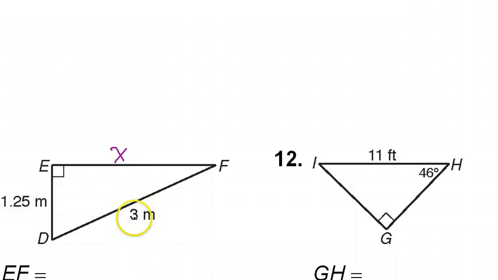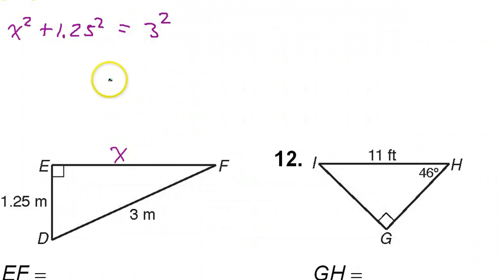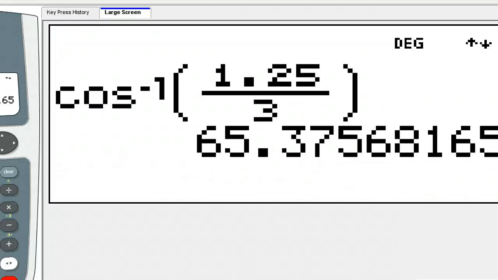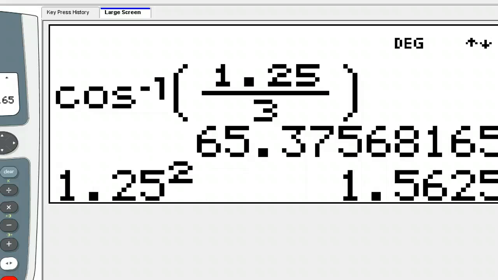So make sure this 3 ends up by itself. It'll be like this: x squared plus 1.25 squared is equal to 3 squared. So that's x squared plus 1.5625 is equal to 9. We can't round anything until the end, so if we're going to do it this way, you have to keep all the decimals.